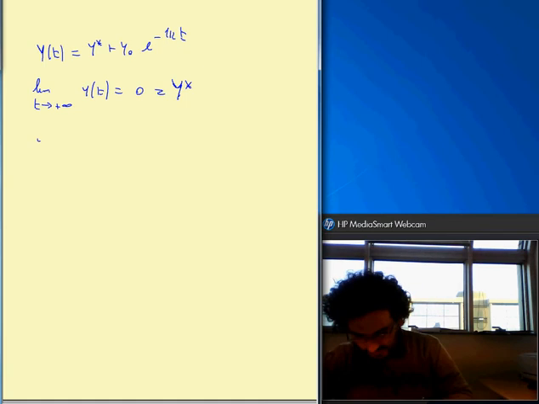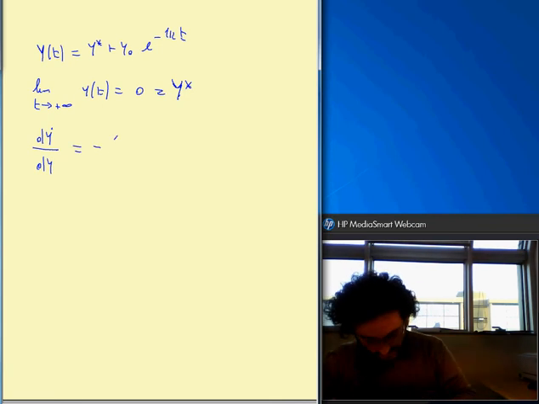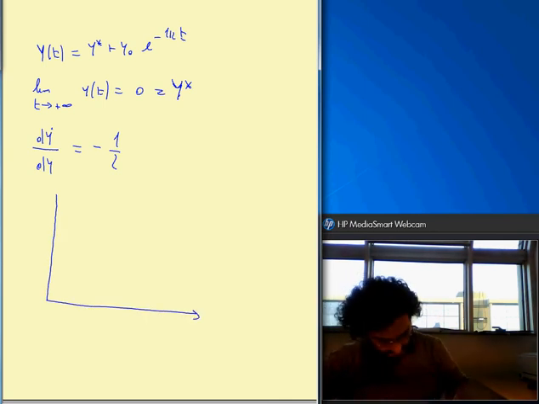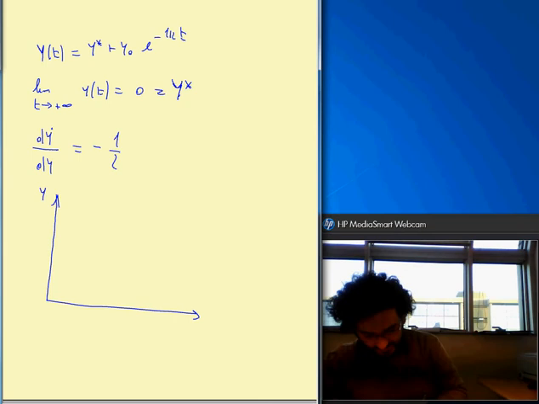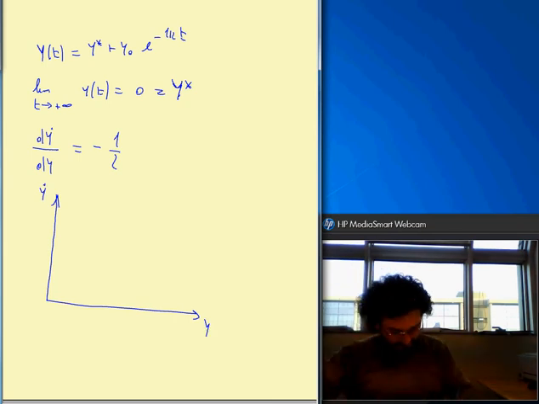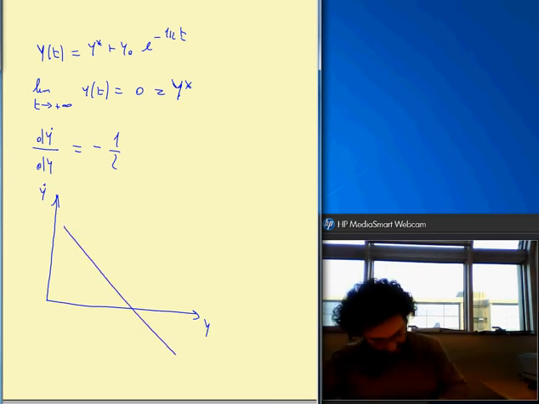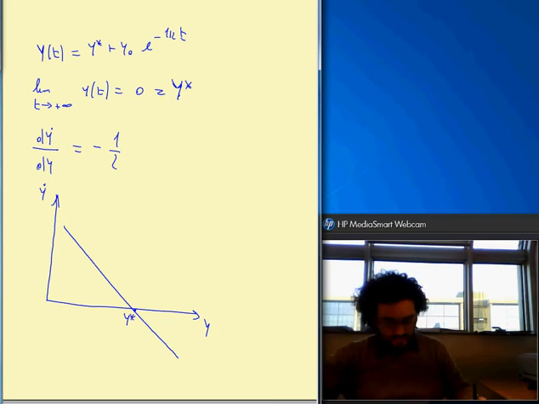If we are here, the speed is negative, so we go towards y star. If we are here, the speed will be positive, so we will go in this direction. Also from this point of view, y star is globally stable.